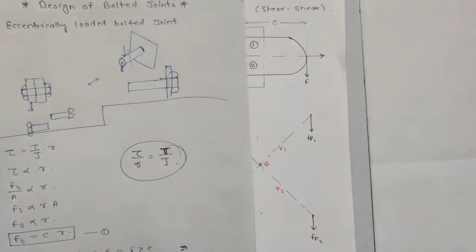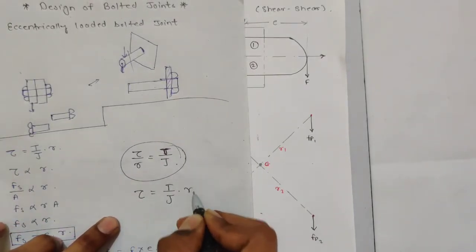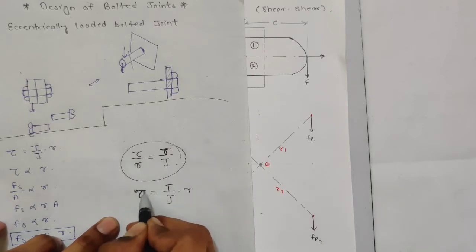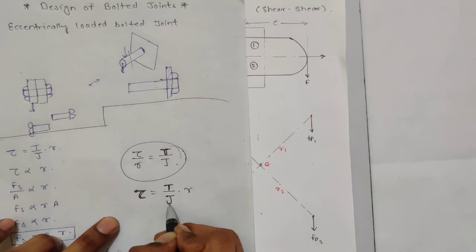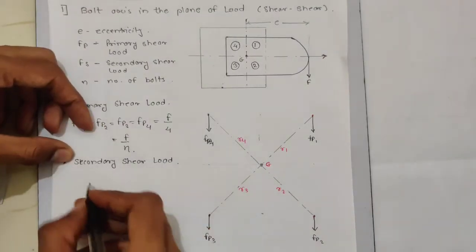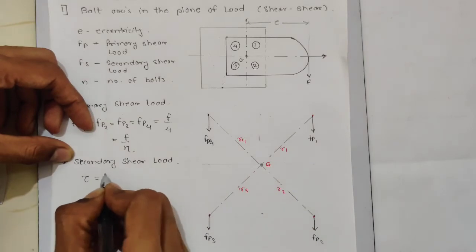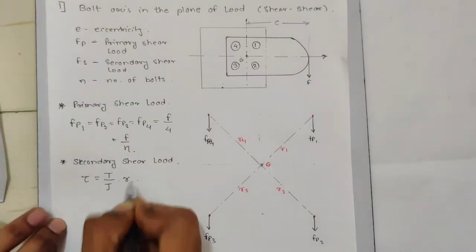So this is shear stress, this is torque, this is polar moment of inertia, and this is radius. So tau is equal to T upon J into r.